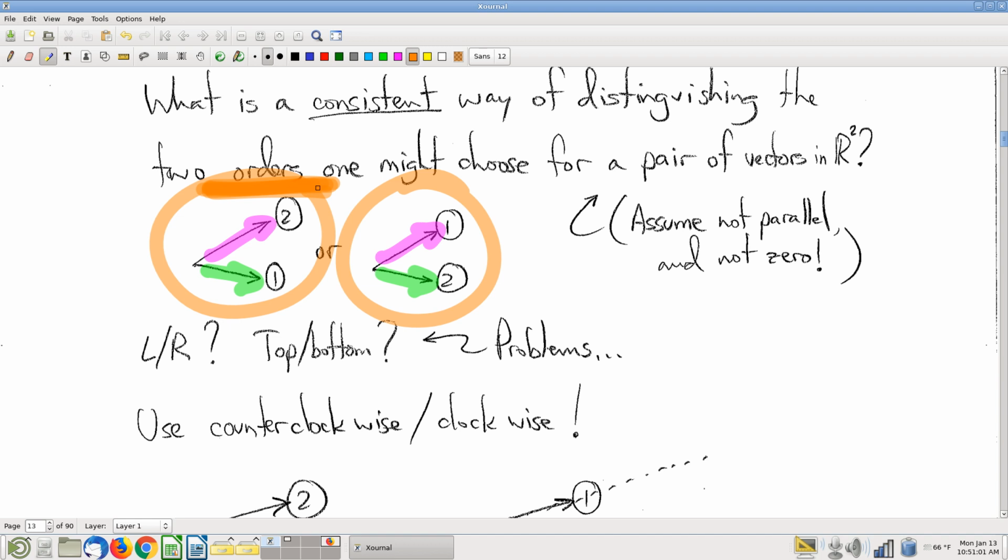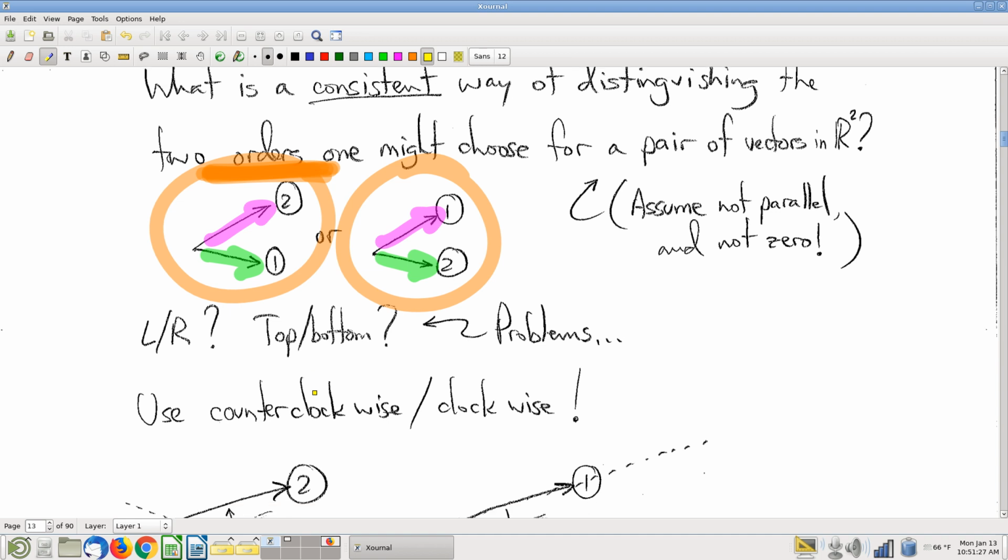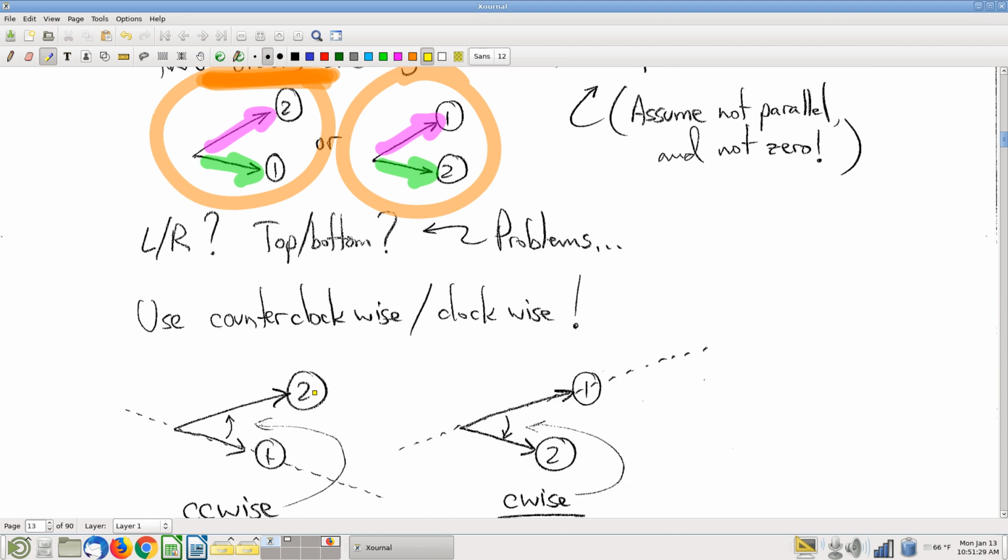One thing that a lot of people run to is left to right or right to left. You can do that, but it's kind of arbitrary. Turn your head to the side and all of a sudden right to left becomes left to right. Likewise with top and bottom. Perspective is arbitrary.